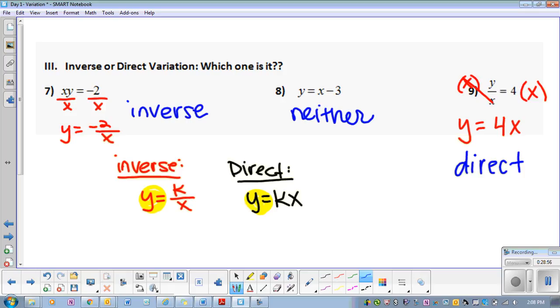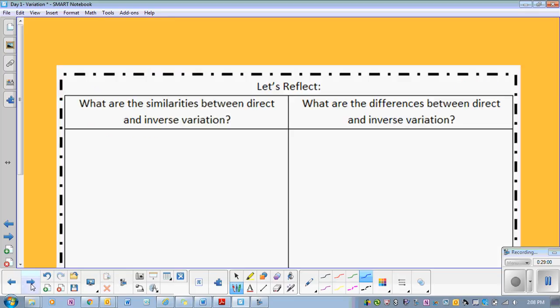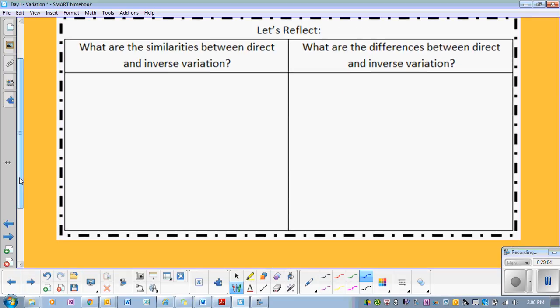Okay, so down at the bottom of your notes, now you have this big table. All right, so let's think about this. What are some of the similarities, the things that they have in common between direct and inverse variation? Good, they're both equal to y. And what else do they both have?